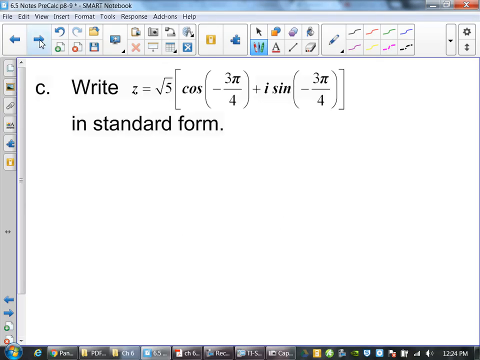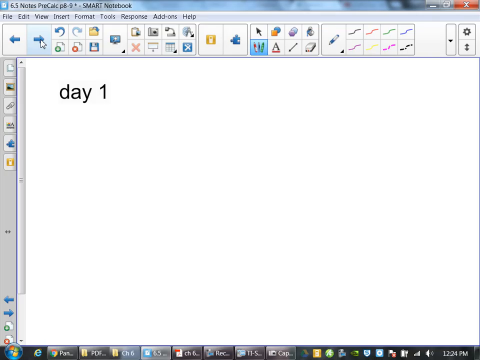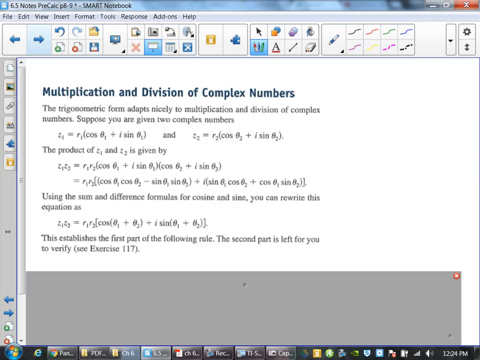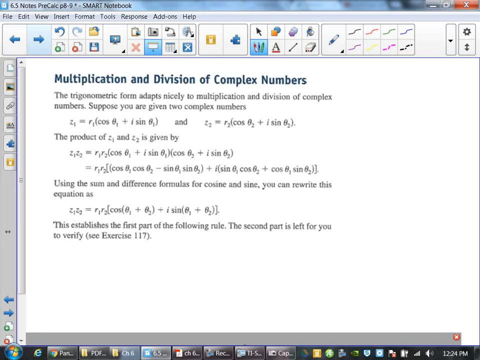So let's look at multiplying and dividing. This looks awful. It looks awful. What happens is we're going to be able to take and multiply two trig forms together.